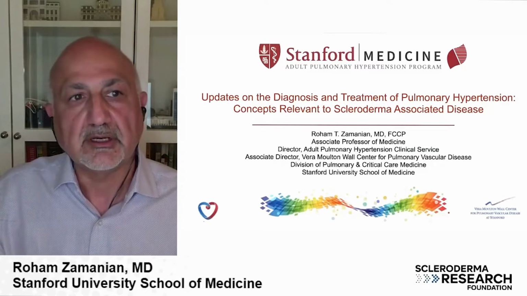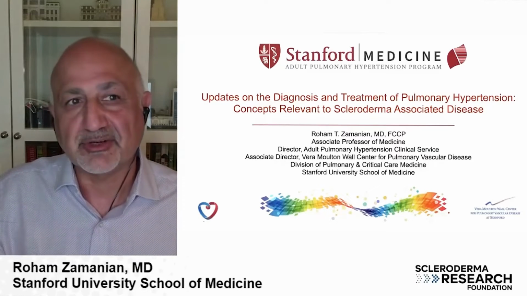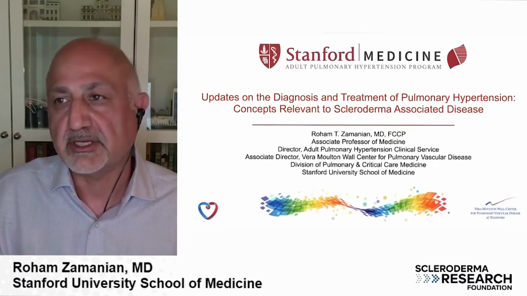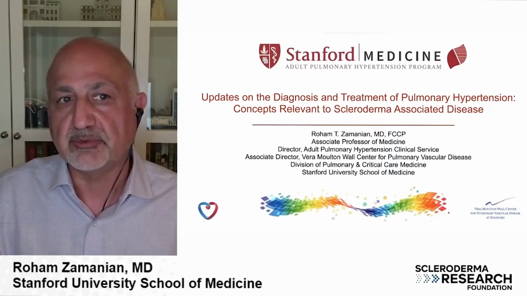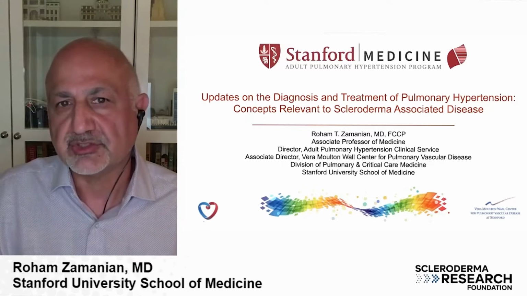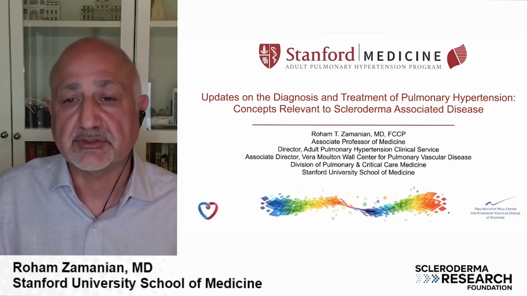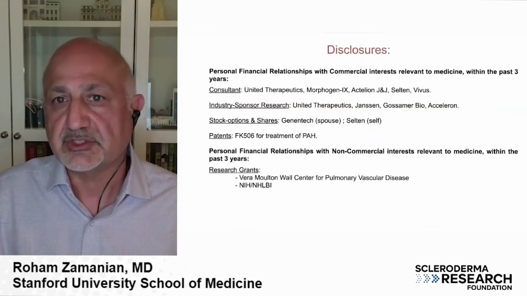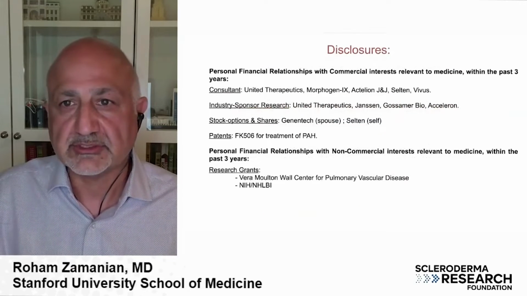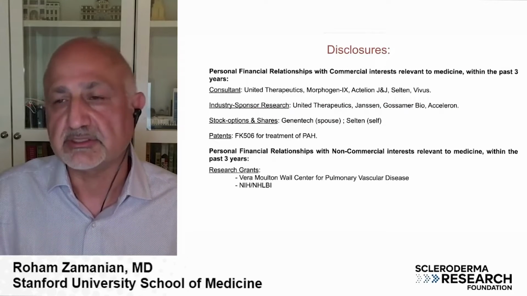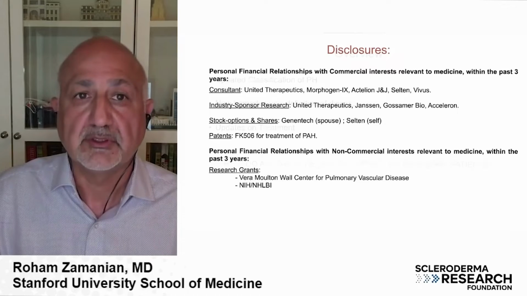I'm Roham Zamanian, as you've already heard, and I'd like to take the time to talk to you about updates on the diagnosis and treatment of pulmonary hypertension, really research concepts that are relevant to systemic sclerosis-associated disease. Just to share with you my disclosures: there's nothing that's going to impact my work here, but here are my disclosures so that you know.